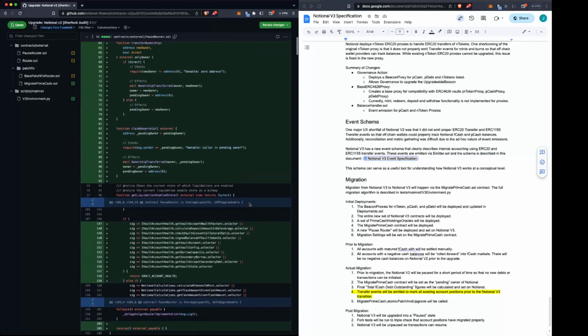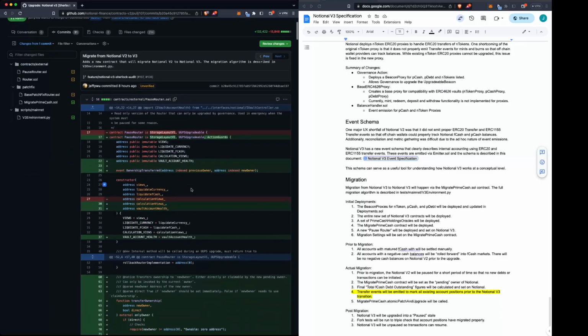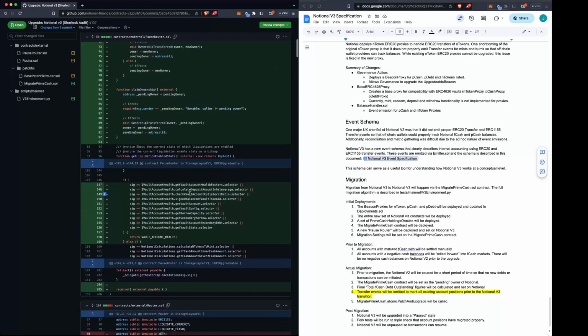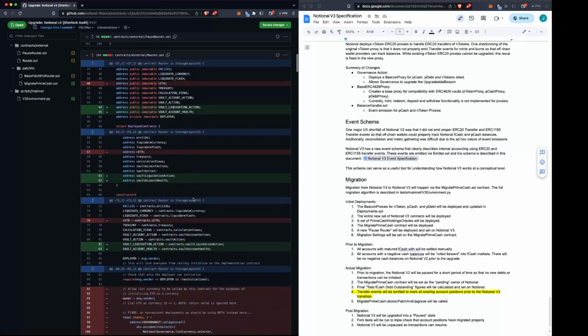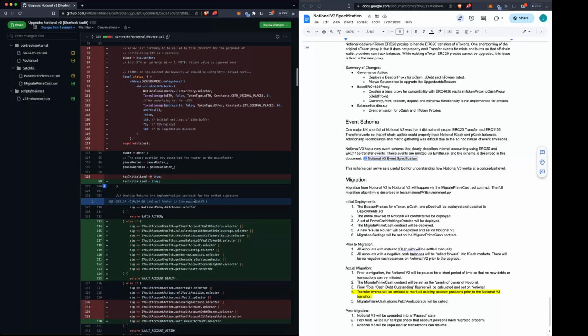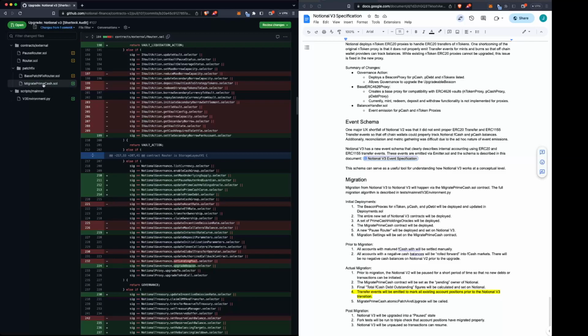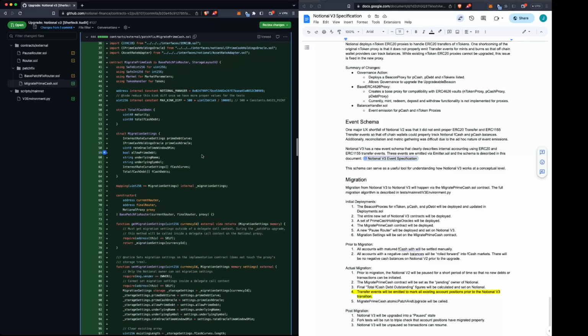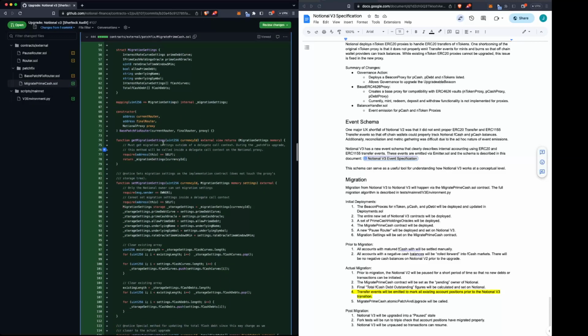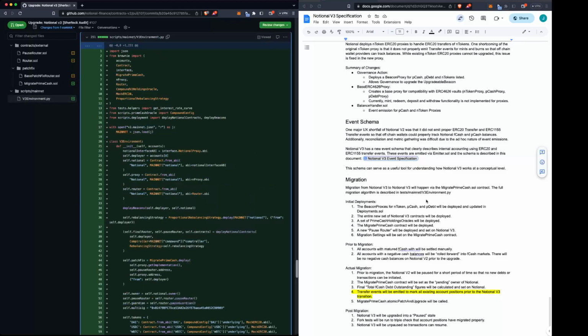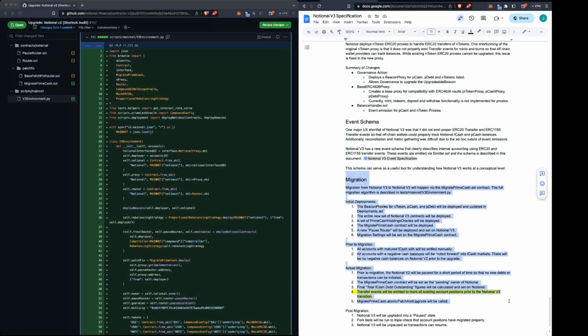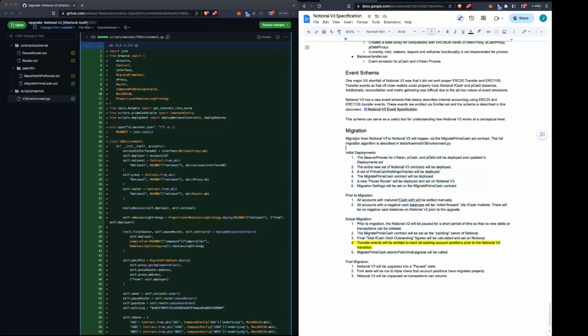Okay, so now we're pretty close to the end here. This one is going to be the contract that actually does the migration from Notional V2 to Notional V3. This migration path is described here in the specification, and this is the algorithm that we're currently anticipating using.